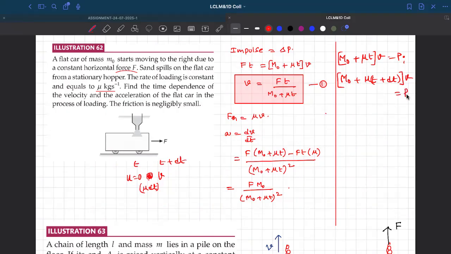That is the final momentum. So in the interval t to t plus dt, what is the change in momentum? Mu dt times v. This is the change in momentum. Now dp by dt is mu v.